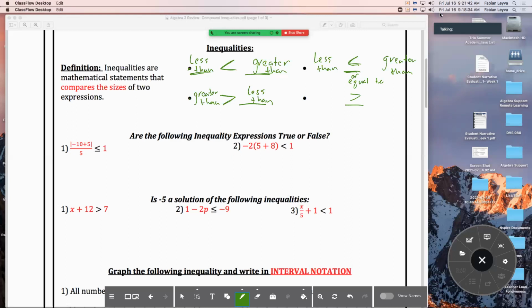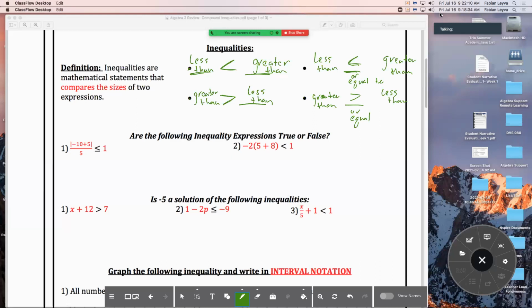Notice it opens up to the left, so the left is greater than, or equal to, the right. Or if you're reading it backwards, it's less than or equal to the right. Depending on which way you see it, because obviously if one side is greater, then the other side is less than. But when you throw that little line in there, they could also be equal.